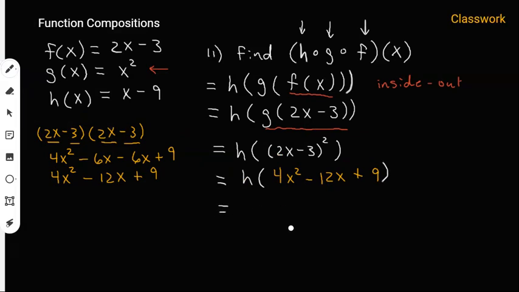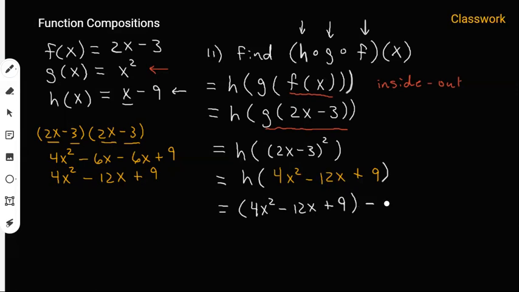Okay, so now what do I have? I have the function h of x evaluated at 4x squared minus 12x plus 9. What that means is I'm going to take this function h of x and replace this x with whatever I have on the inside, that 4x squared minus 12x plus 9. So that's going to give me 4x squared minus 12x plus 9.